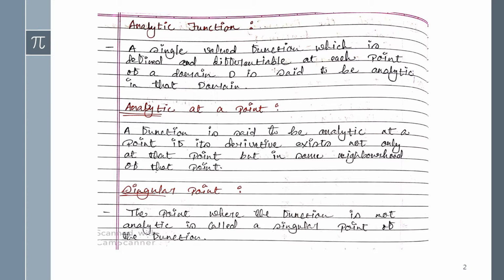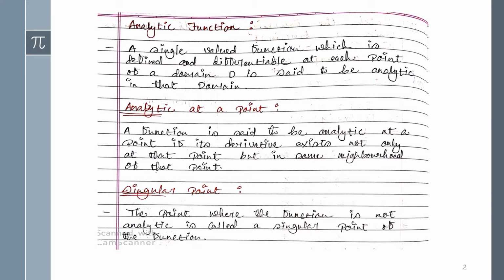For an analytic function: a single valued function which is defined and differentiable at each point of a domain D is said to be analytic in that domain. Particularly with this we'll understand the examples. The second one is the definition of analytic at a given point.